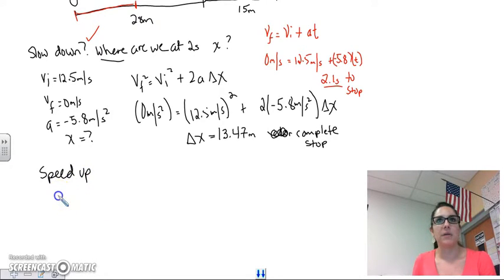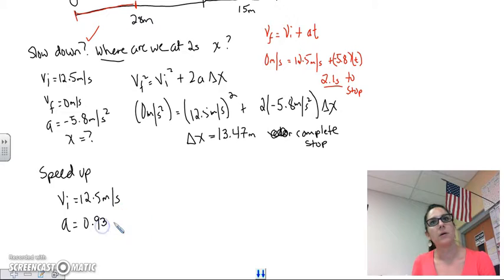Let's do the same method. Let's speed up from the initial velocity, and let's say that our acceleration is 0.93 meters per second squared. And then let's do this.